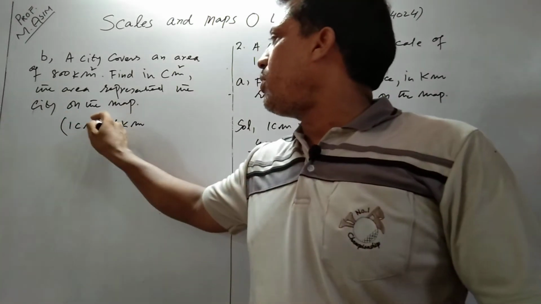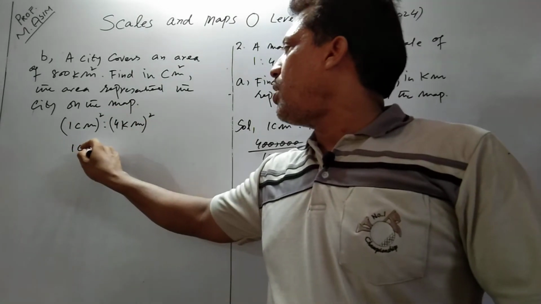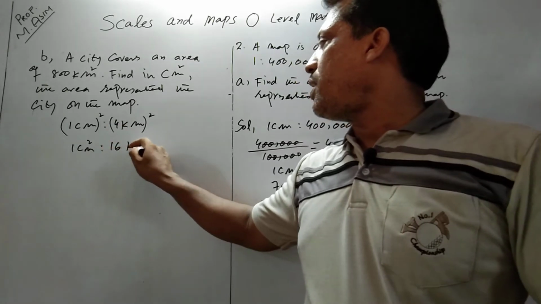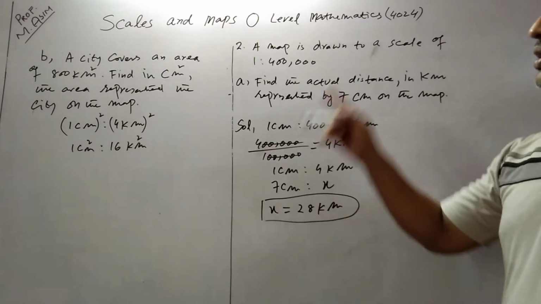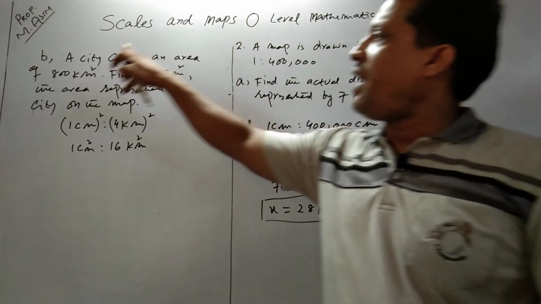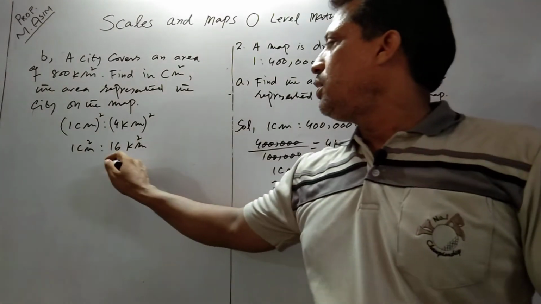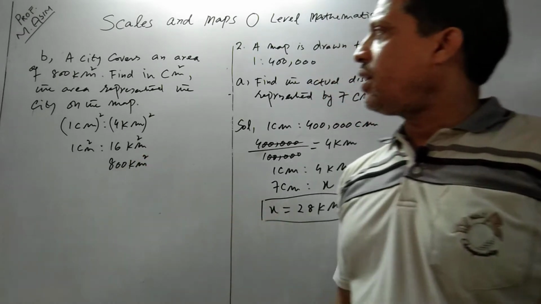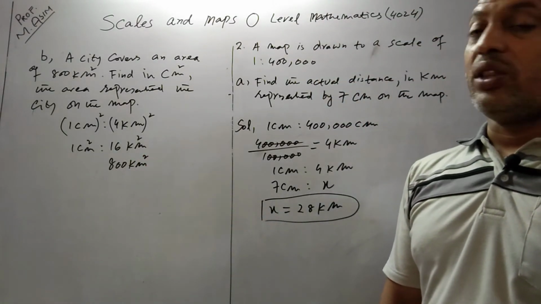Just take the square on both sides. 1 centimeter squared; 1 squared is 1 and 4 squared is 16 kilometer squared. Now see the question: a city covers an area of 800 kilometer squared. So this is the actual value. Find in centimeter squared the area represented by the city on the map.